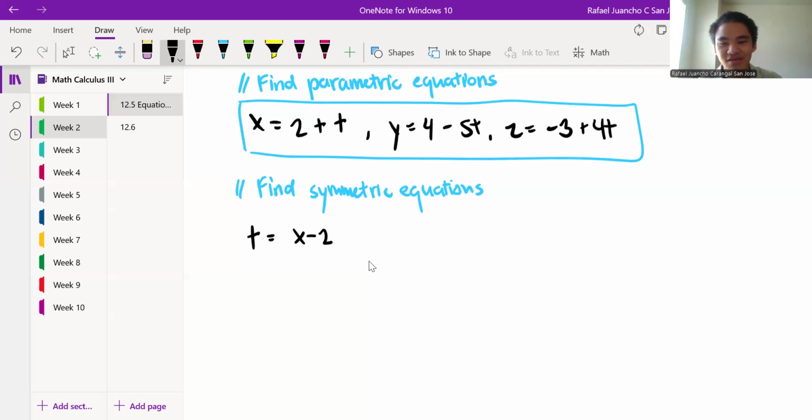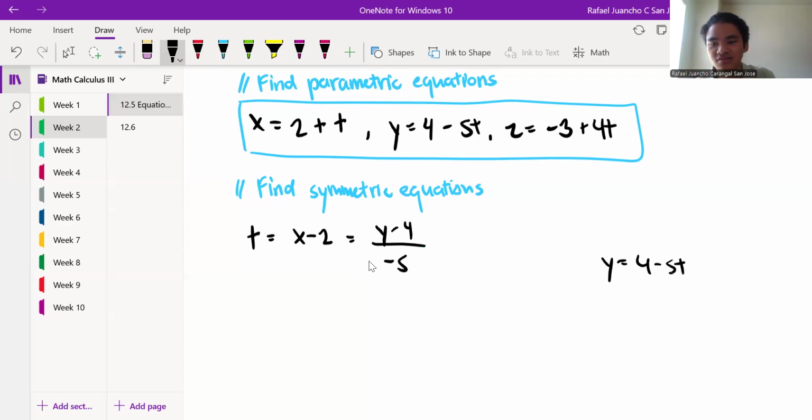But yeah. And then what's this? Y is, I don't know, I should put this in terms of t. So I have y minus 4 over negative 5.